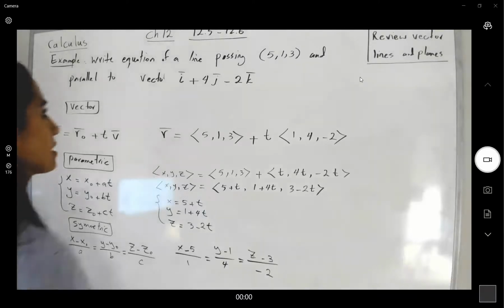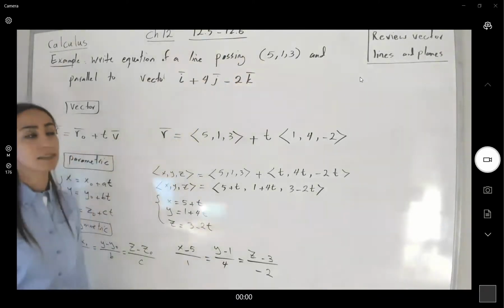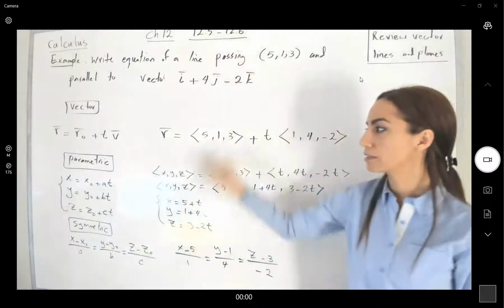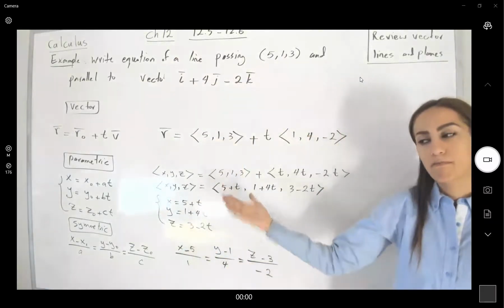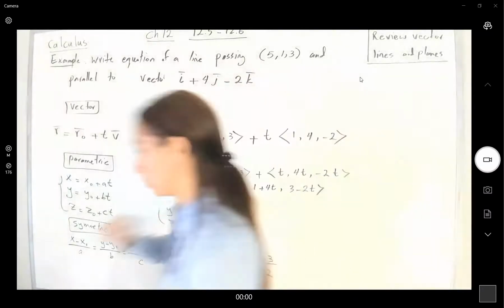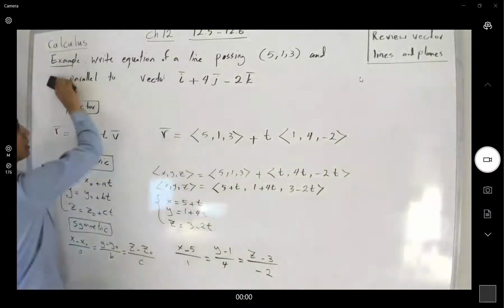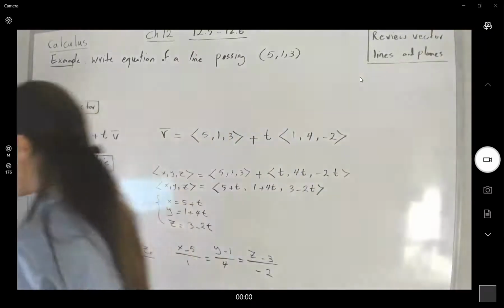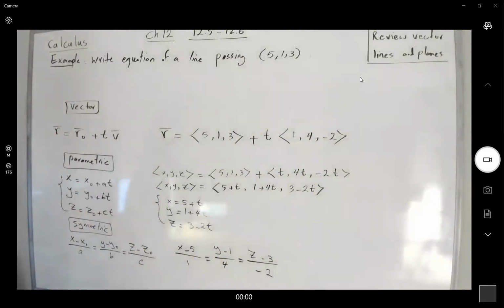Well, in this example, everything is crystal clear. We have a point on the line, we have the direction vector, we just plug them in. What if we don't have the direction vector? What do I mean by that? Write the equation of a line that passes through these 2 points.